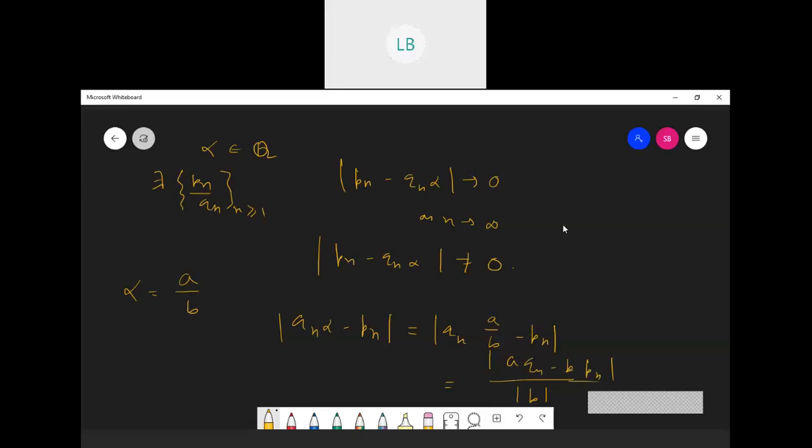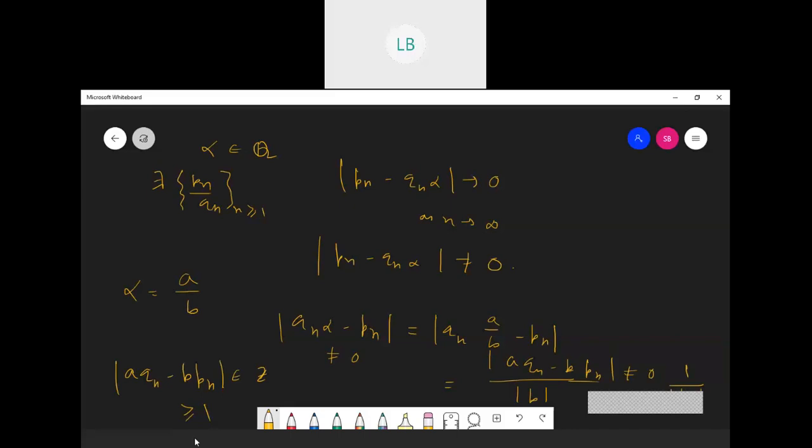Now this is never equal to 0. Now a q_n minus b p_n is always an integer, correct? Because a, b, q_n, p_n are all integers. And it is never equal to 0, thus its modulus is greater than or equal to 1, since it is a non-zero integer. So this thing will be greater than or equal to 1 by mod of b. Right?